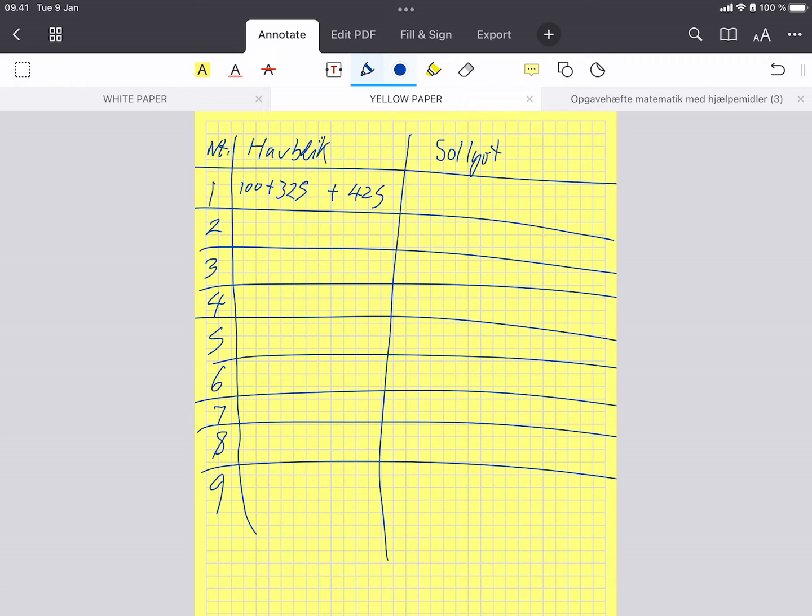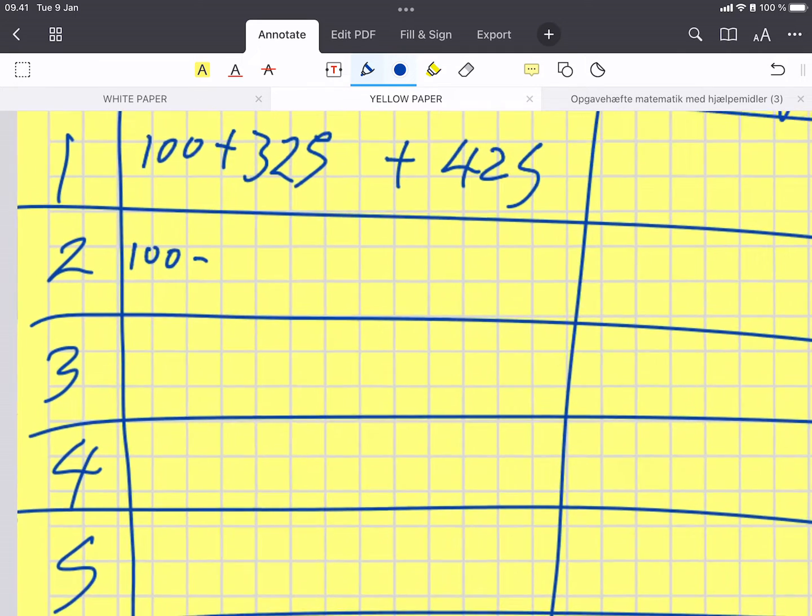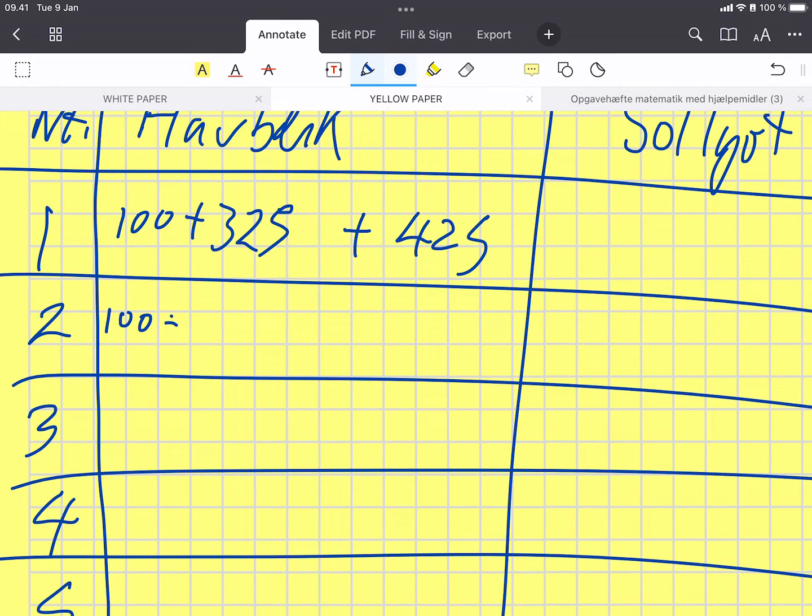If they stay 2 nights, they're still going to pay the 100. Let's just make this a bit bigger. They're going to get a 2% discount, so they're only going to pay 98%, 98/100ths of 2 times 325.